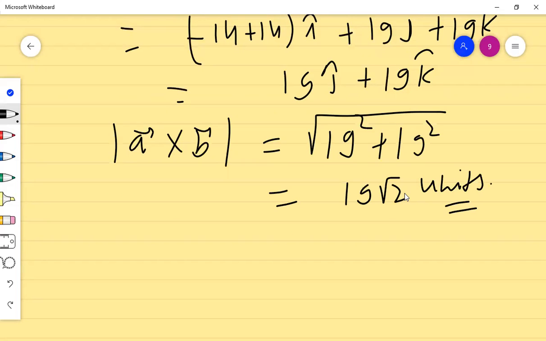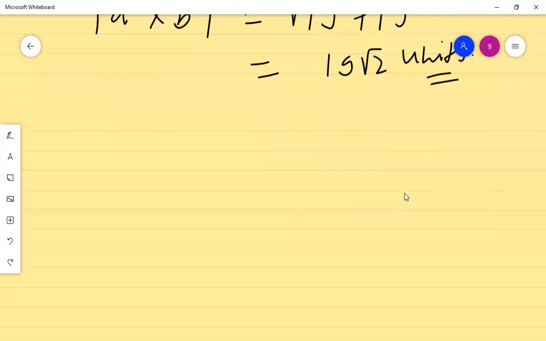Question 2. Find a unit vector perpendicular to each of the vectors A plus B and A minus B. A and B are the vectors given.